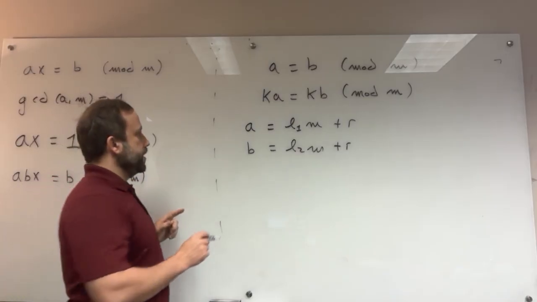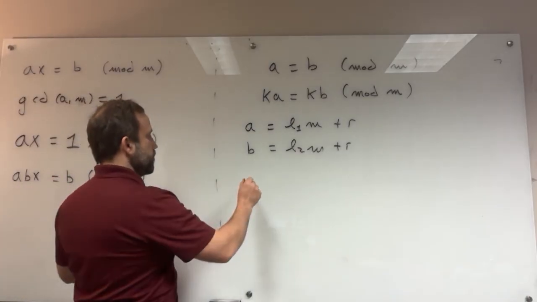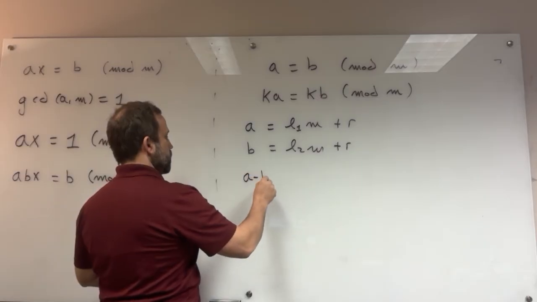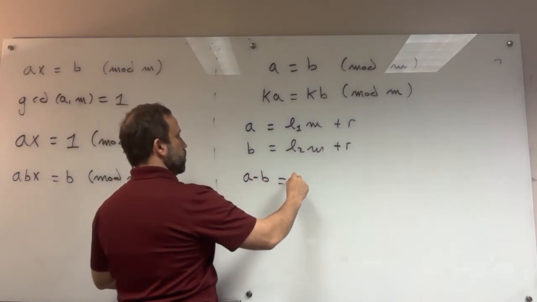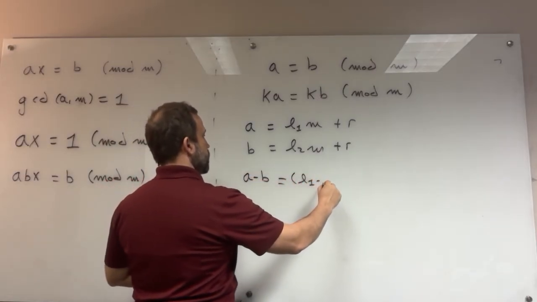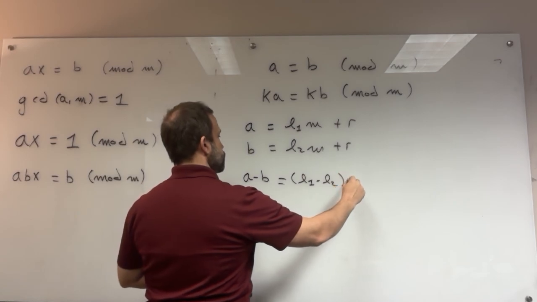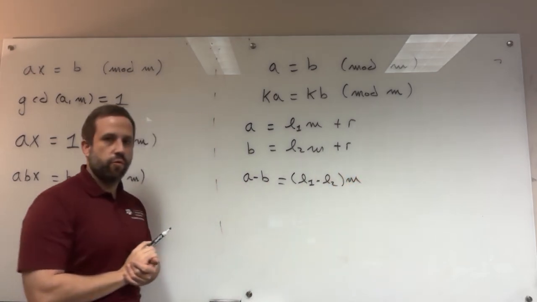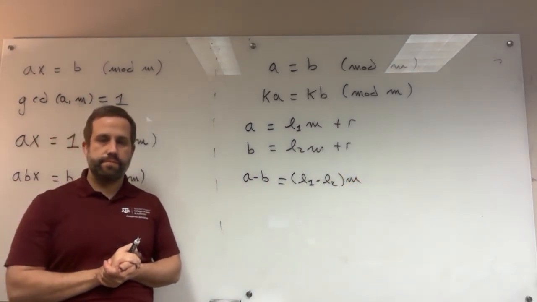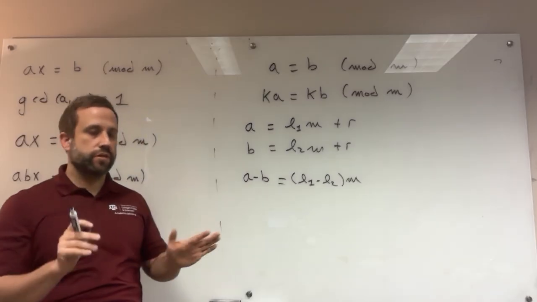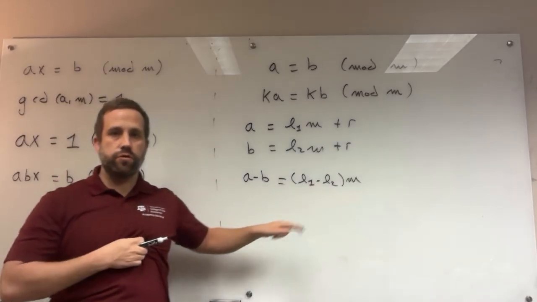Now, if this is true, then A minus B is equal to (L1 minus L2) times M. In other words, their difference is a multiple of M.